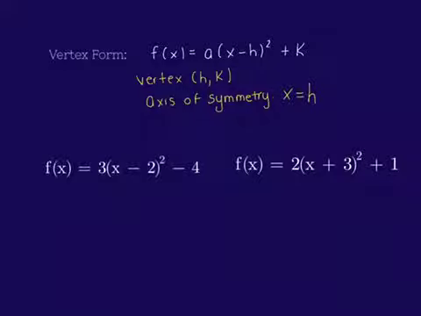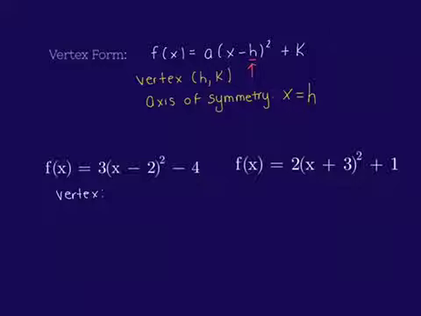So what's important to notice is that this is subtracting h, minus h. But when we're looking for the vertex and the axis of symmetry, we're ignoring the fact that that was subtracted. So if we look at these two equations I've written below, we can tell two things. So first of all, we can tell the vertex.